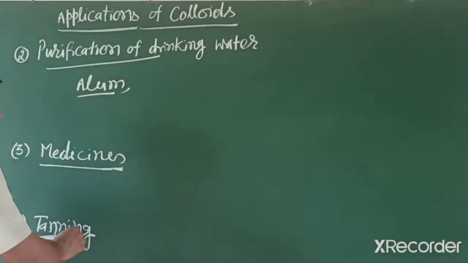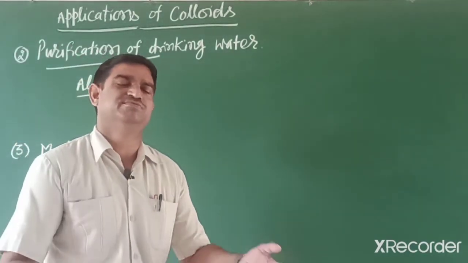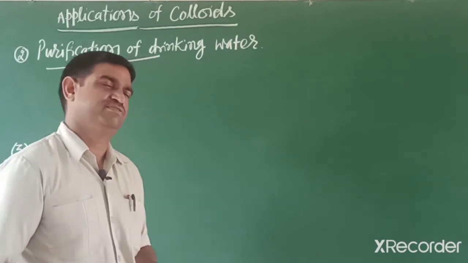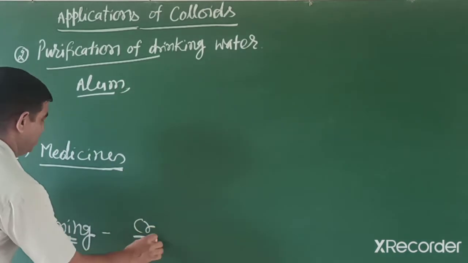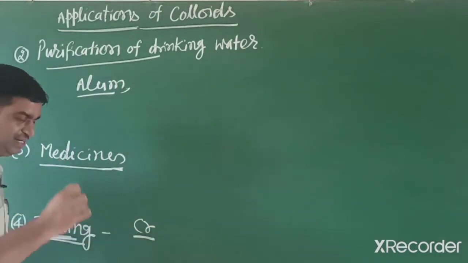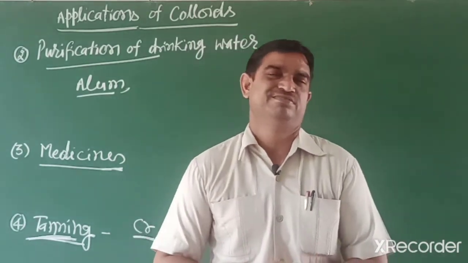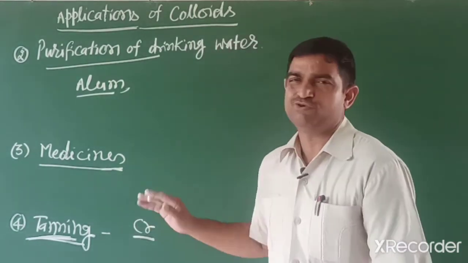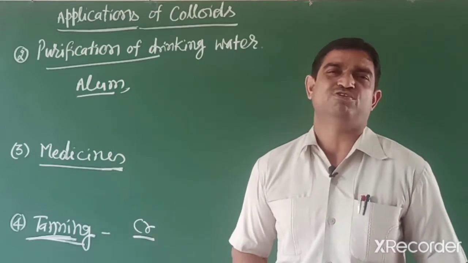That leather we can use for making soles, shoes, and different articles of leather. We can use chromium salts also for this, for different colors. So to provide different colors on animal hides, we use coagulation techniques. So these are some industrial applications of colloids.